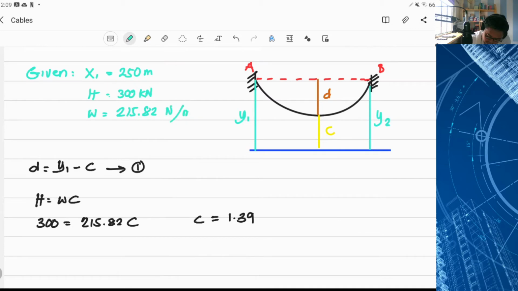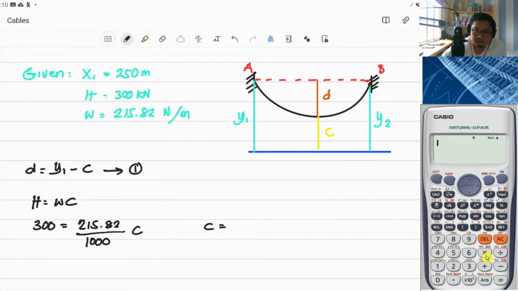This is Newton per meter, so to get kilonewton we will divide this by 1000 times C. C equals 0.82.